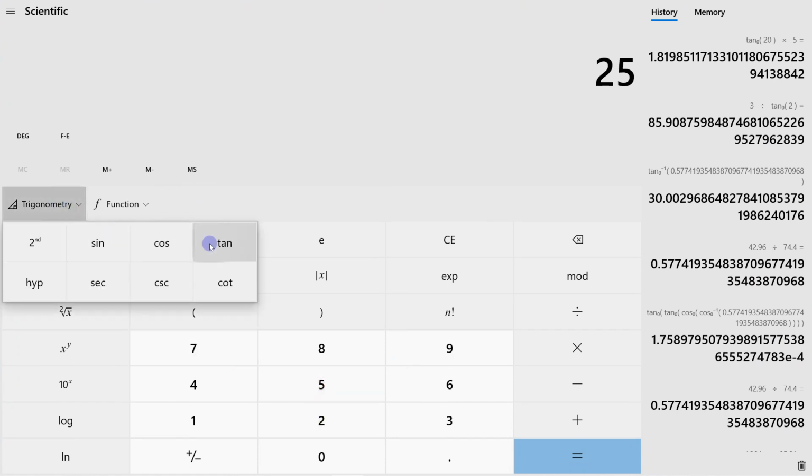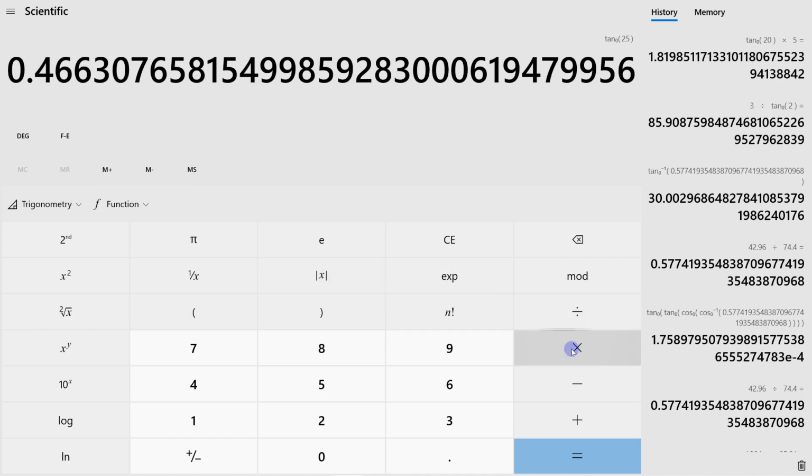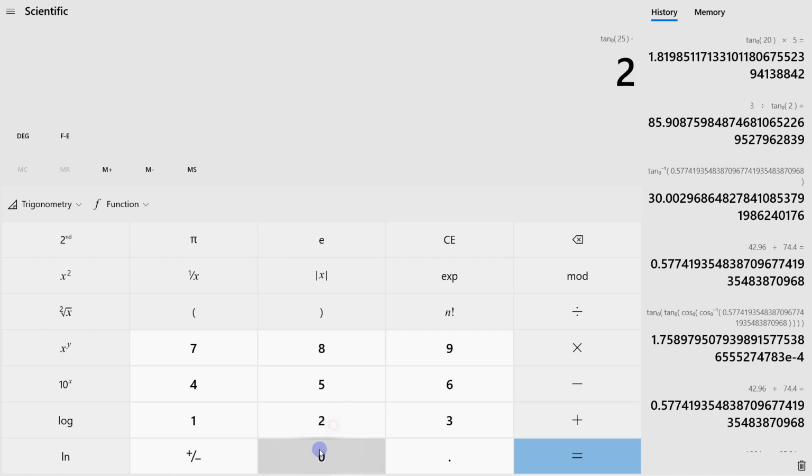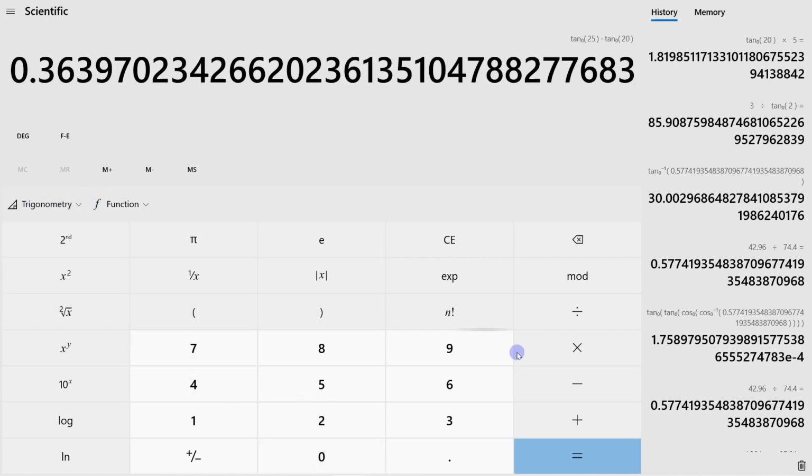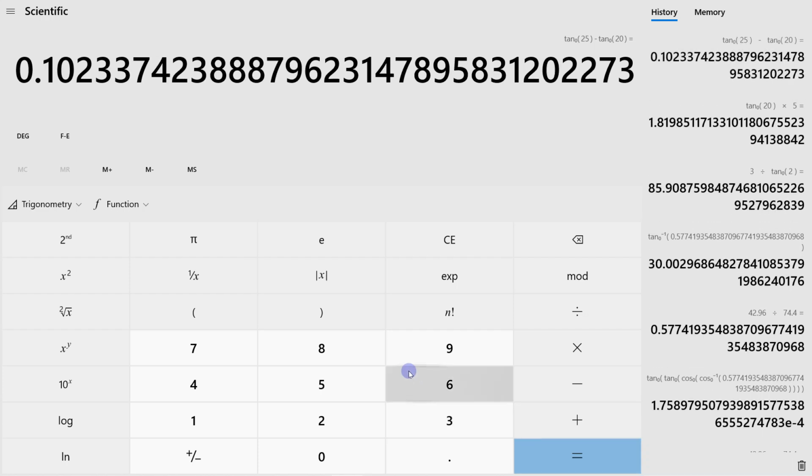Tangent 25 minus tangent 20 equals 0.1023.